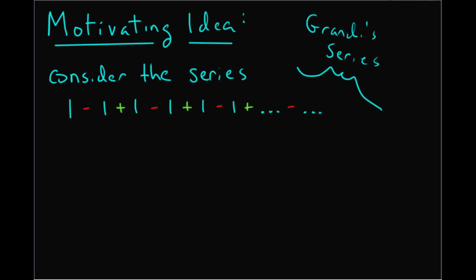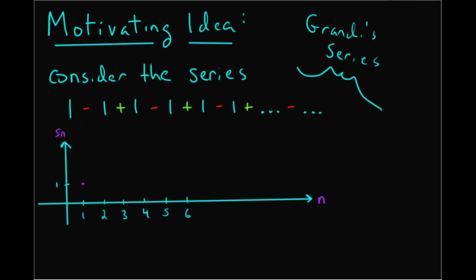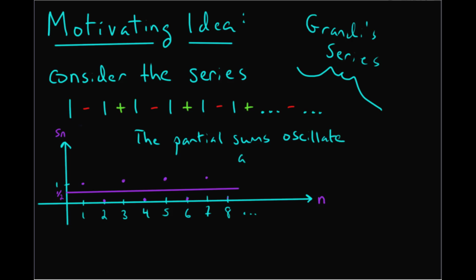What value would we assign to this series if we were to just call it a draw? If I were to graph what these partial sums are oscillating around, so S sub 1 equals 1, S sub 2 equals 0, S sub 3 equals 1, S sub 4 equals 0, S sub 5 equals 1, S sub 6 equals 0, and so on, what number are these partial sums oscillating around? Well, they're oscillating around 1/2.